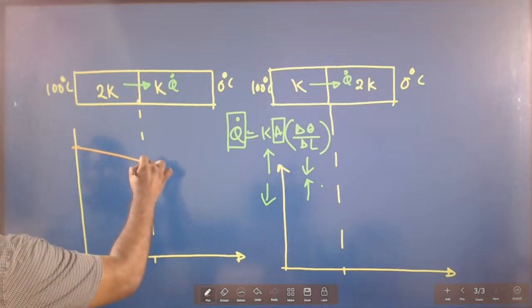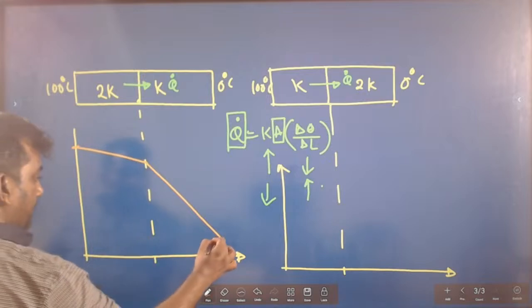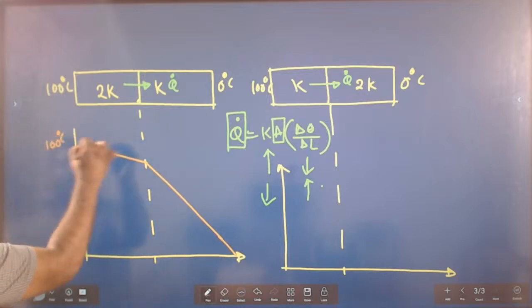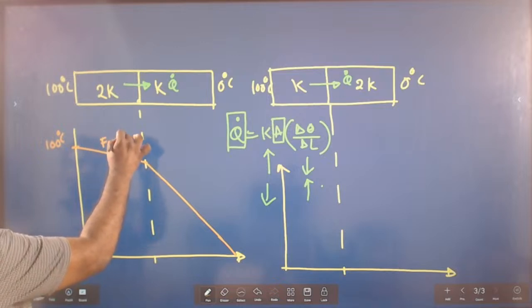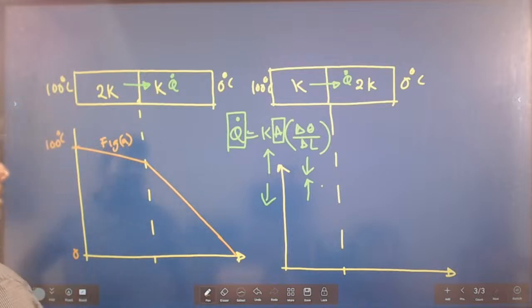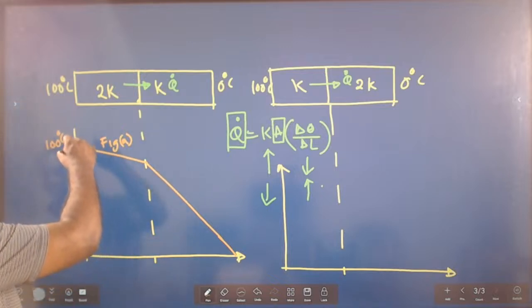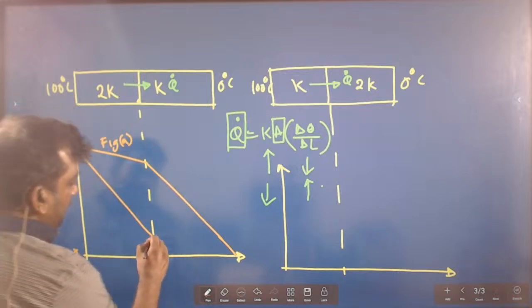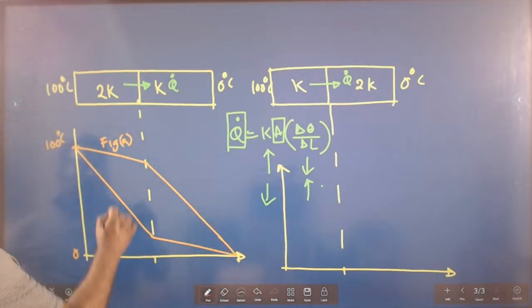Smaller K means larger temperature gradient. 0, 100. This is in figure A. I'll draw both together, easier. What about figure B? K is small, gradient is large. Next K is large, gradient is small. This is figure B.